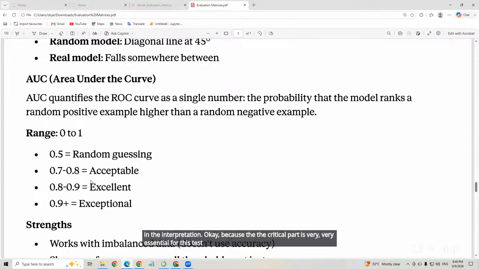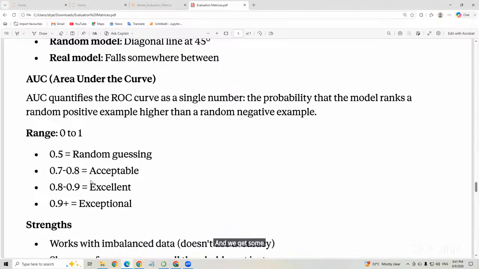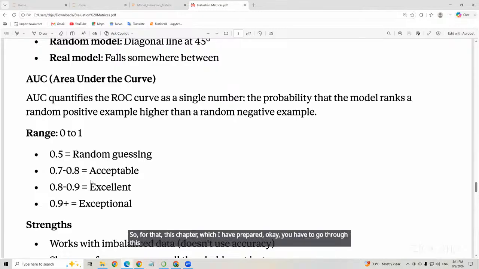Okay, so somewhat like what we have done yesterday, you have the idea we are required to implement a test, and we get some values. But what is the meaning of these values? So for that, this chapter which I have prepared, okay, you have to go through this one, and the first time you can have some doubt.